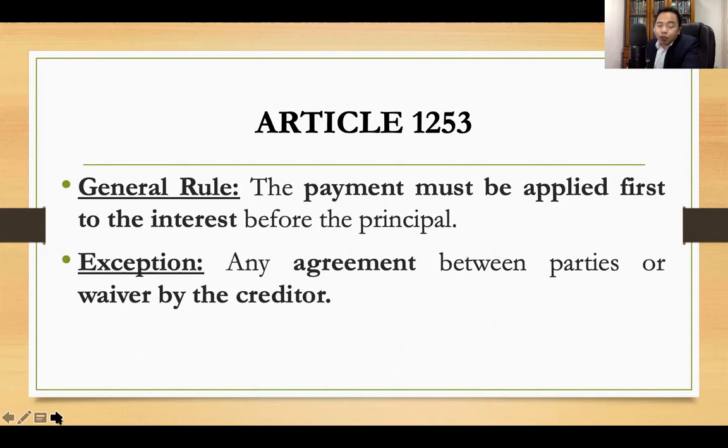Under Article 1253, the payment is to be applied first to the interest before the principal. And can there be an instance where payment is to be applied first to the principal and not to the interest? Yes. If there is an agreement or if there is consent or waiver on the part of the creditor.